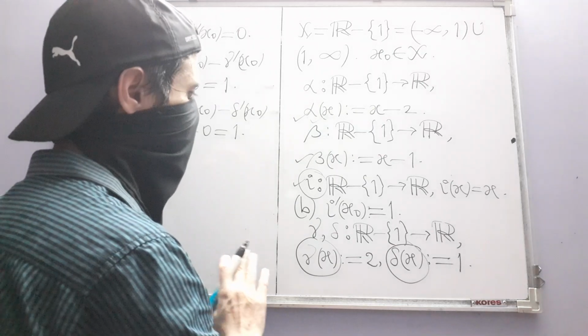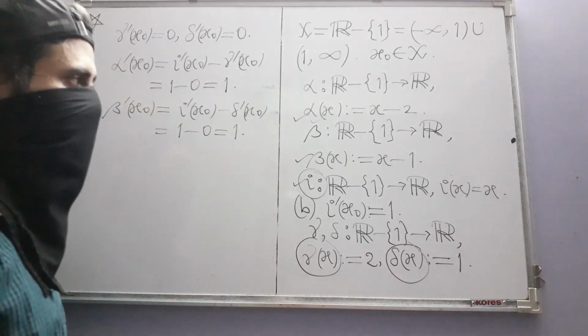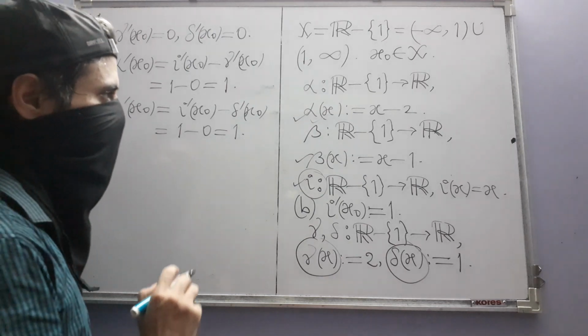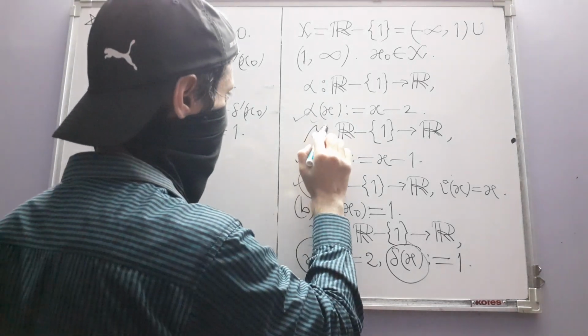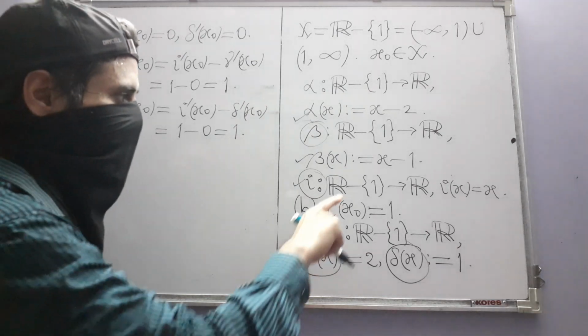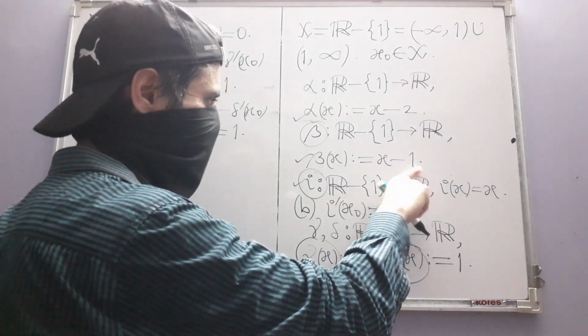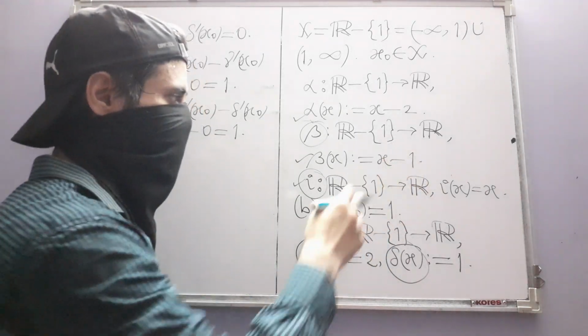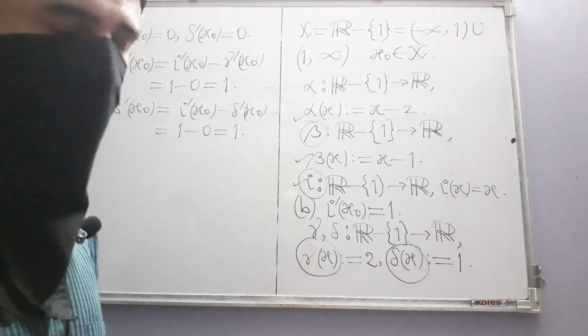So what is that other requirement that we have before applying the quotient rule? It is that the denominator function should never vanish on its domain. Does this function ever vanish? Well, this formula can give you 0 only when x is equal to 1.